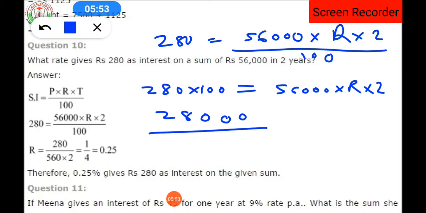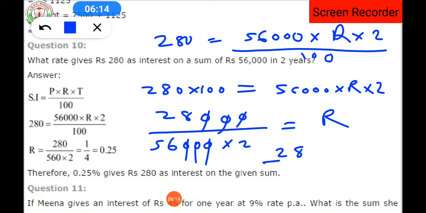Now this 56,000 will come in the denominator and 2 will also come in the denominator in order to find the rate value. So dear student, here 3 zeros are there in the numerator and 3 zeros in the denominator. So 3 zeros will get cancelled from both. So what is the number left out? The number is 28 upon 56 into 2 is equals to R.